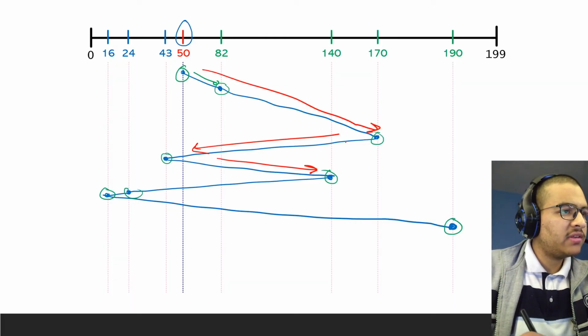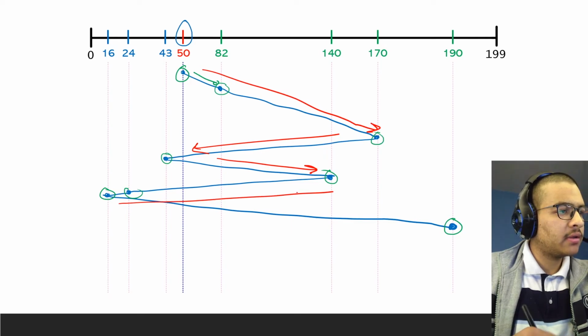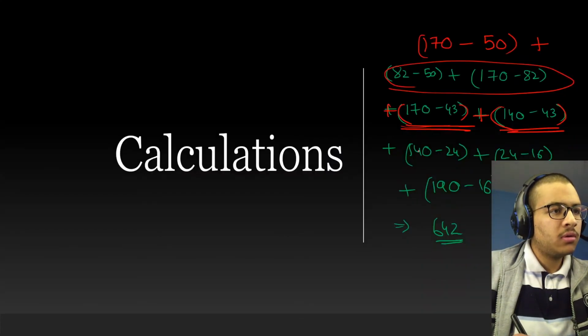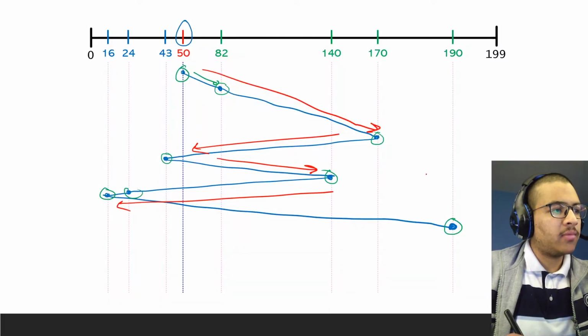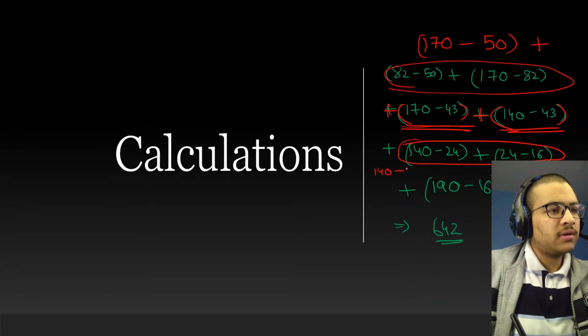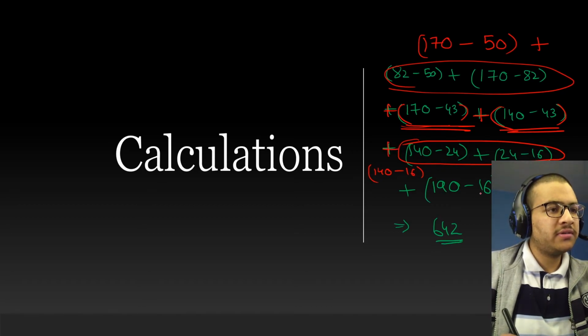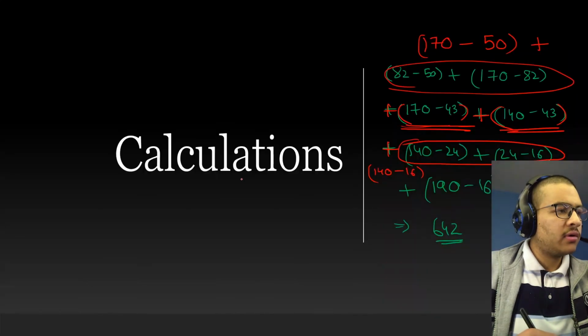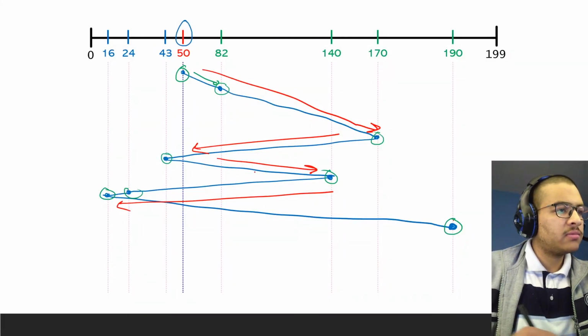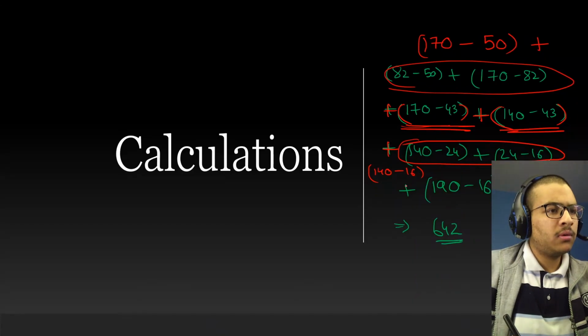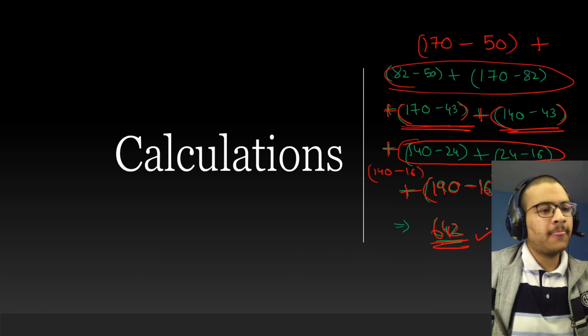Then we are going from 140 to 16 directly, so we'll write 140 minus 16 instead of this. And then we are going to 190 from 16, so this will be the same. This will still give the same answer, just that the calculations will become a tiny bit less. So the answer will still be 642.